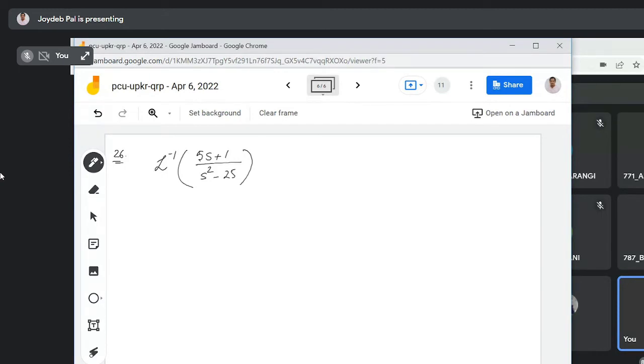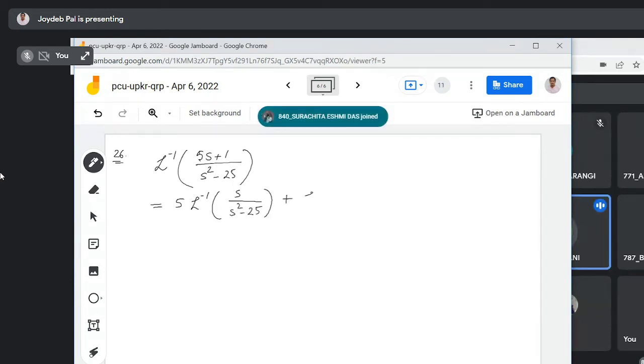So how to solve it? Sir, 5s by (s square minus 25) plus 1 by (s square minus 25). Yes. Then, sir, 5 Laplace inverse of s by (s square minus 25) plus Laplace inverse of 1 by (s square minus 25).